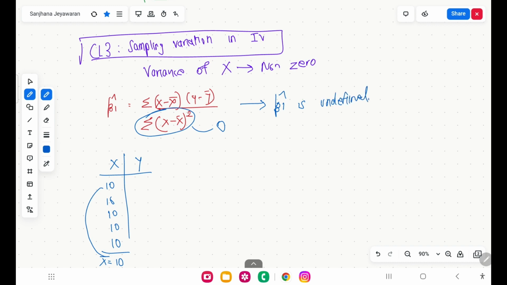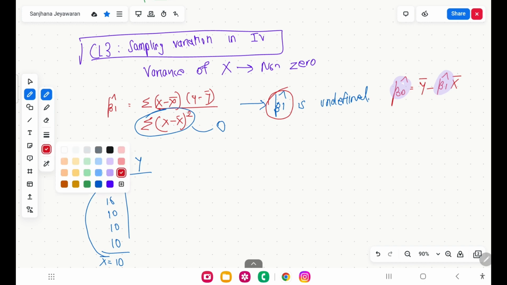You all remember how we calculate beta naught, that is the intercept? Beta naught is equal to y bar minus beta 1 cap x bar. Since we need the value of beta 1 in order to calculate beta naught, and since beta 1 is undefined, beta naught also cannot be calculated.